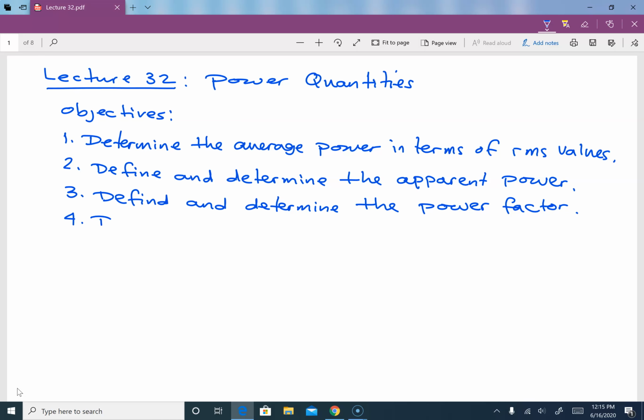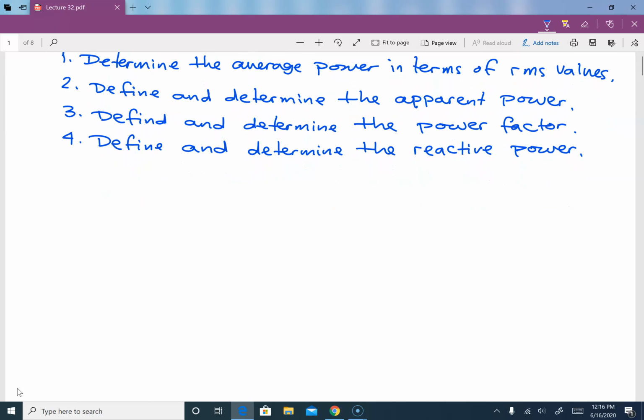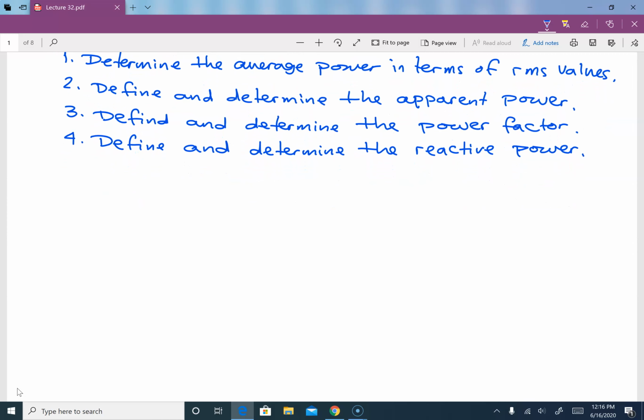And finally, define and determine the reactive power. So we have new terms, that is apparent power, power factor, and reactive power.